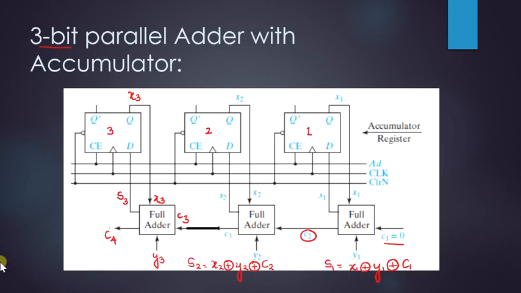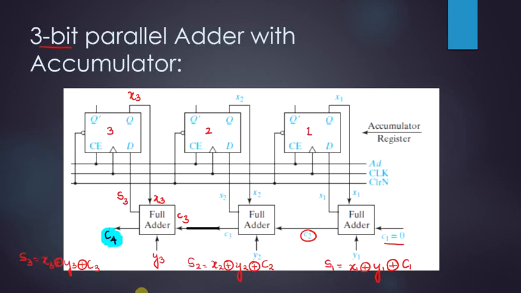So the expression for S3 will be equal to X3 XORed with Y3 XORed with C3, and this particular C4 will be the carry output of the complete parallel adder with accumulator circuit.